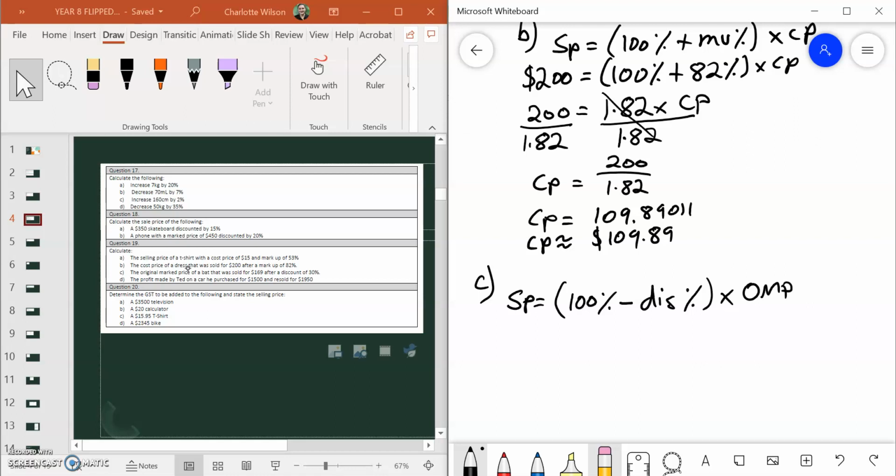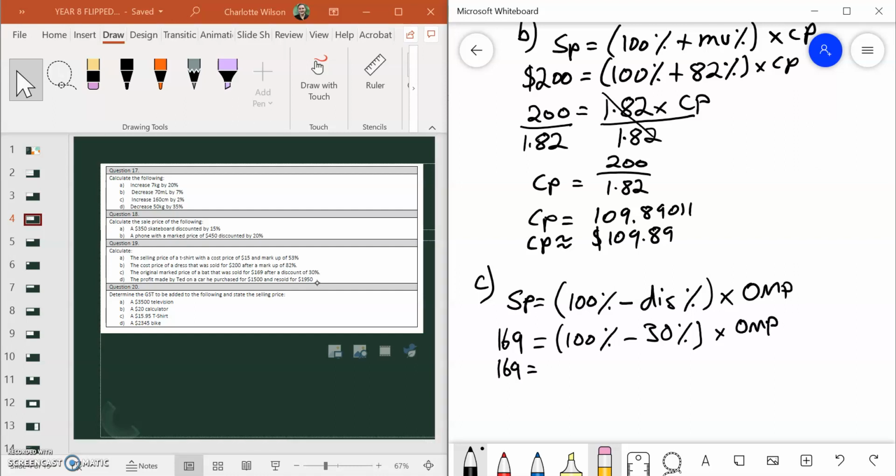So $169 equals 100% minus 30%, and then we don't know what our original mark price was yet.